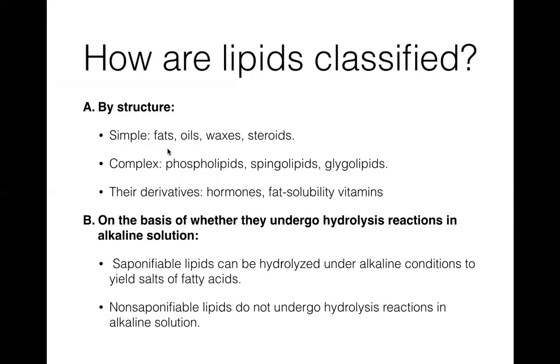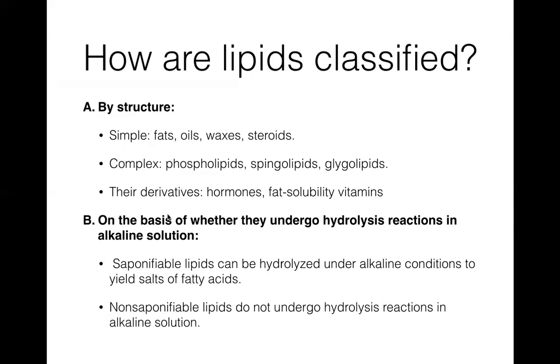Like phospholipids have components such as phosphates, and sphingolipids and glycolipids contain components like phosphate for sphingolipid and sugar for glycolipids. And then we have the derivative of lipids, which includes the hormones and fat-soluble vitamins.